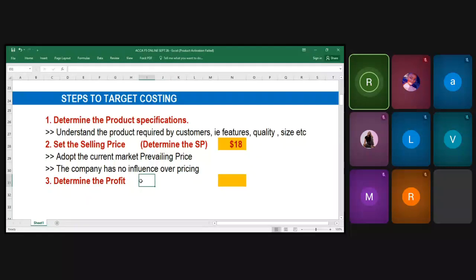Assuming we want a profit margin of 20%, we are going to have 20% times 18. So for every item that we sell, we want a profit of $3.60.